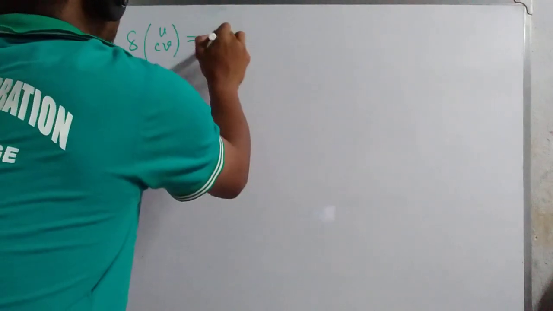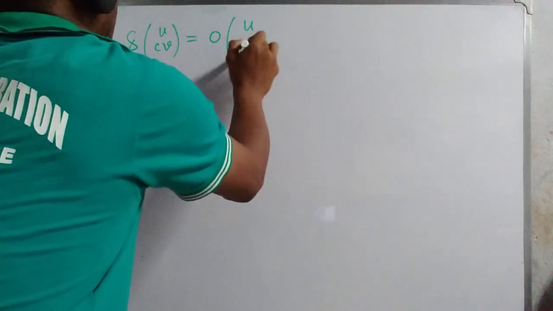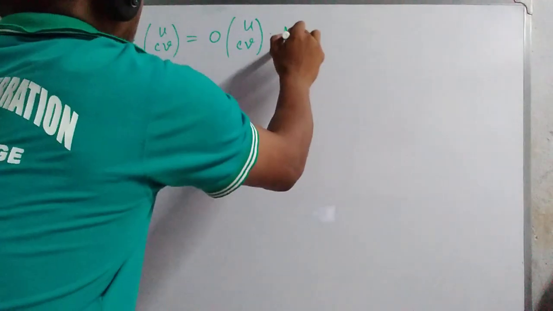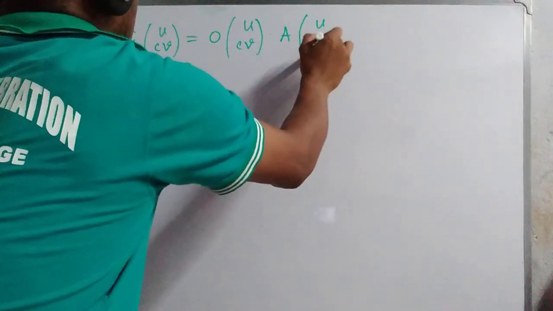Here delta (U,CV) equal to what? Equal to the orientation of (U,CV) times the area of (U,CV).